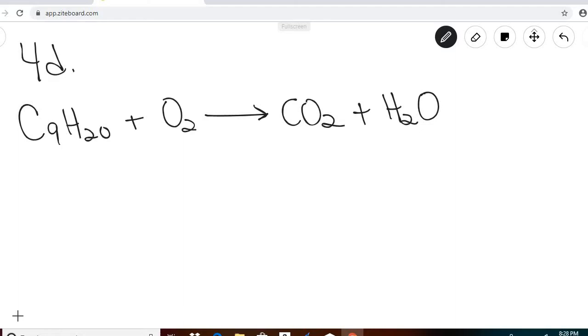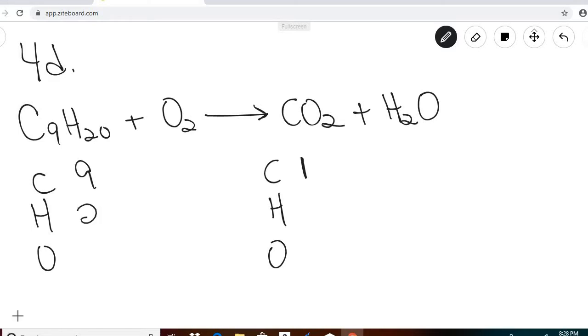So if we look at trying to balance this now, let's look at the carbons, the hydrogens, and the oxygens. On this side we have 9 carbons, on this side we have 1. We have 2 oxygens over here, and we have 3 over here.